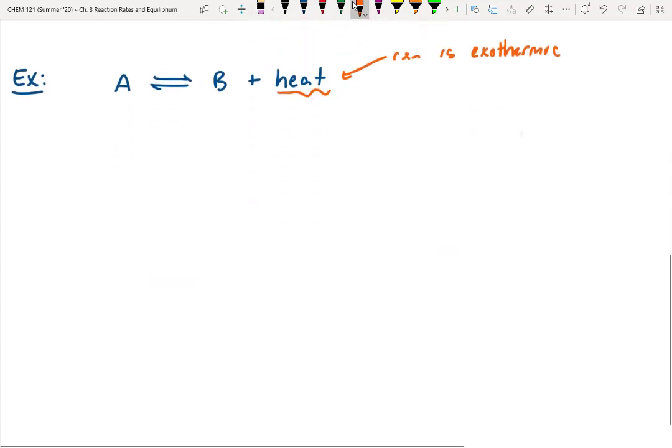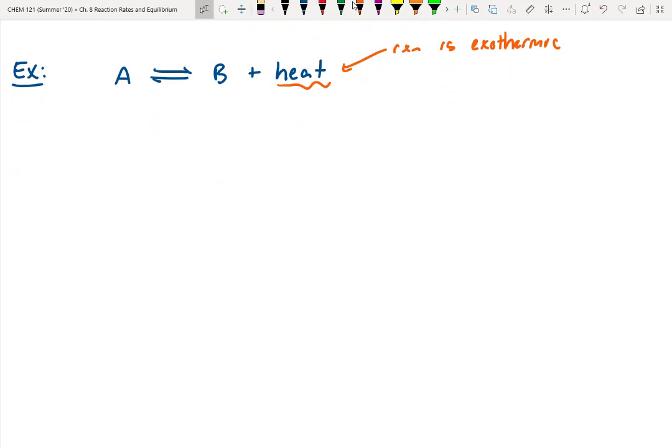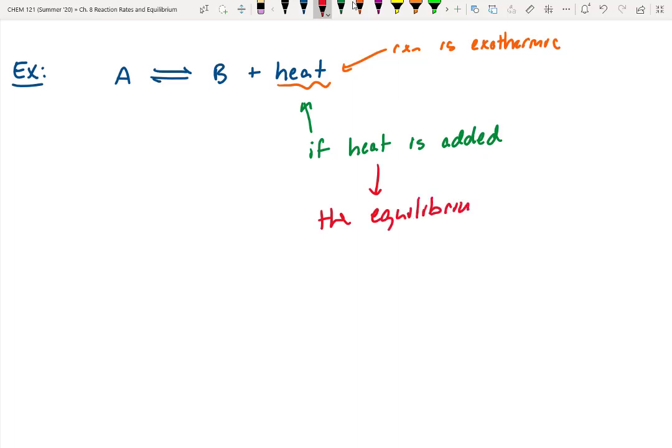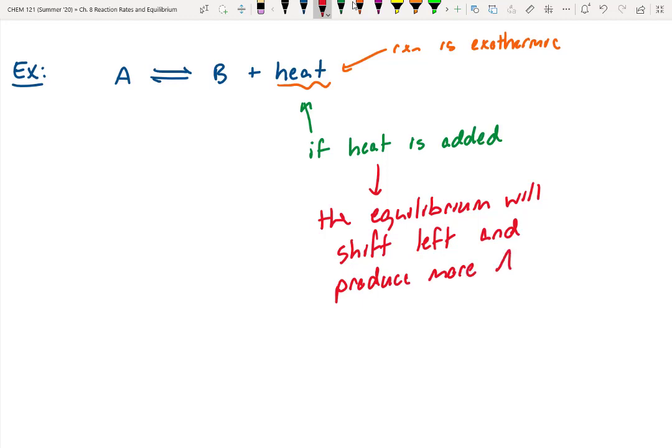All right, we can actually play around with adding or removing heat as well. So let's imagine this. If heat is added, the equilibrium will shift left and produce more A. All right, conversely, well, what if we remove heat from the reaction?